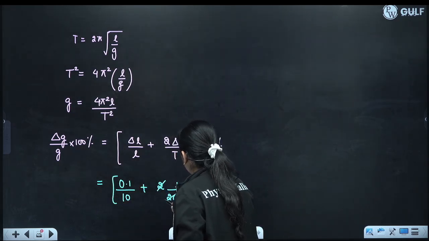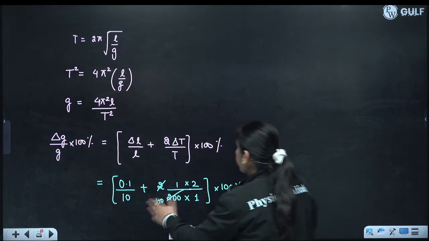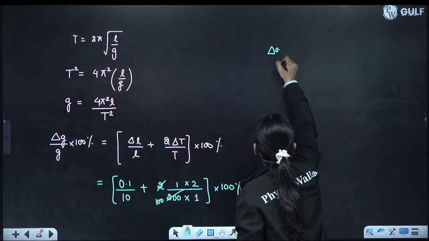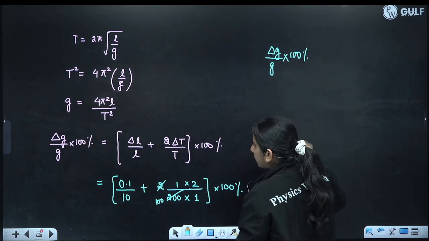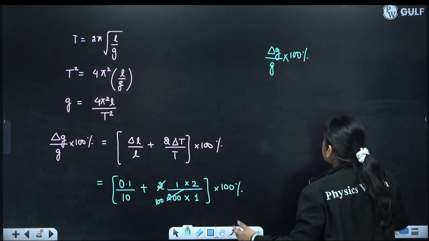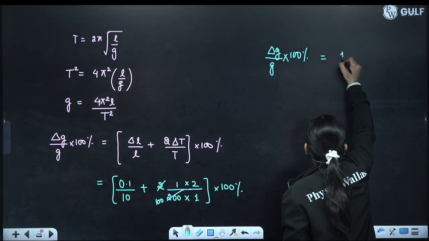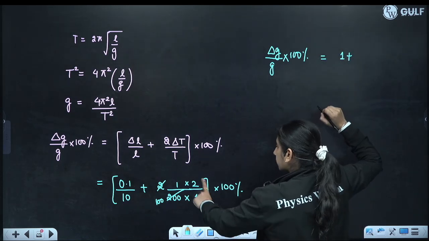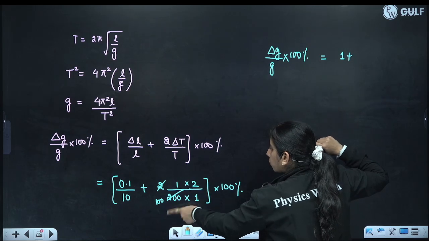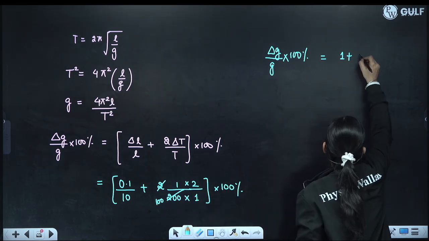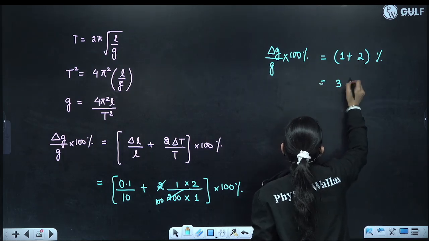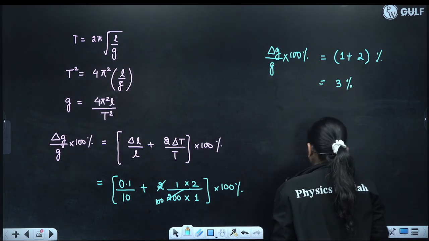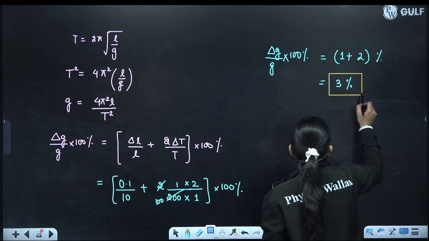When we calculate it, delta g by g into 100%, the first term will become 1 by 100 only. So we will get 1, plus 2 by 100, 100 and 100 get cancelled. This is 2%, so it will be 3%. So this will be the answer, 3%.